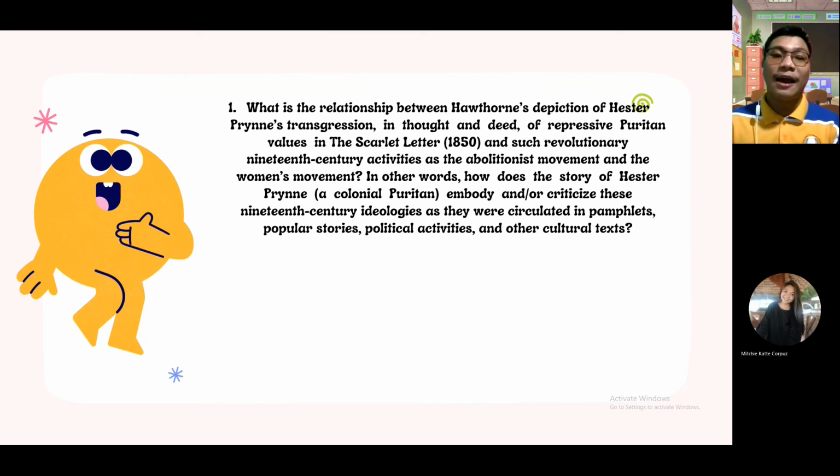In other words, how does the story of Hester Prynne, a colonial Puritan, embody and or criticize these 19th century ideologies as they were circulated in pamphlets, popular stories, political activities, and other cultural texts? Next slide, please.